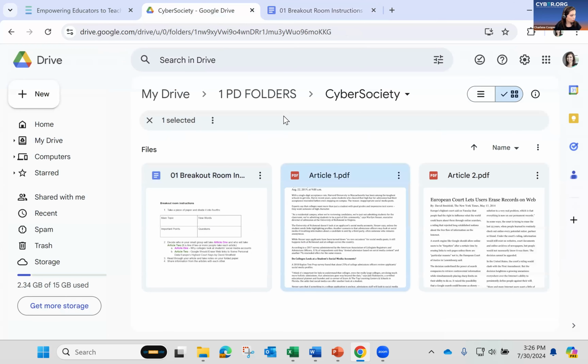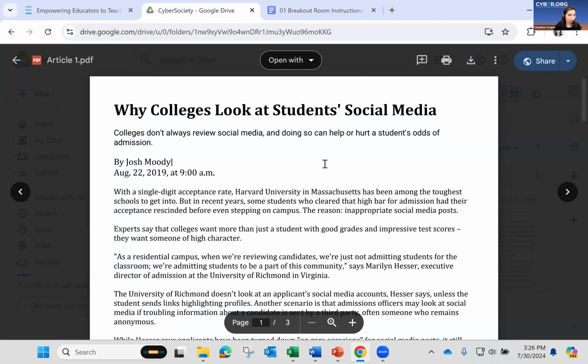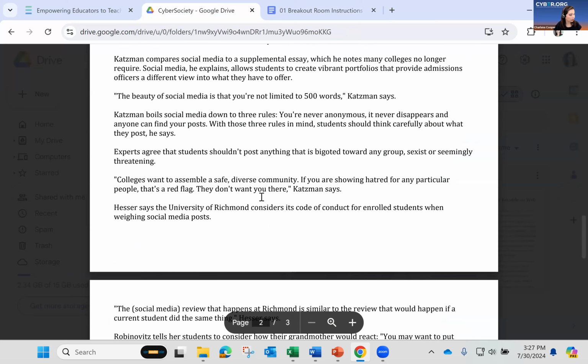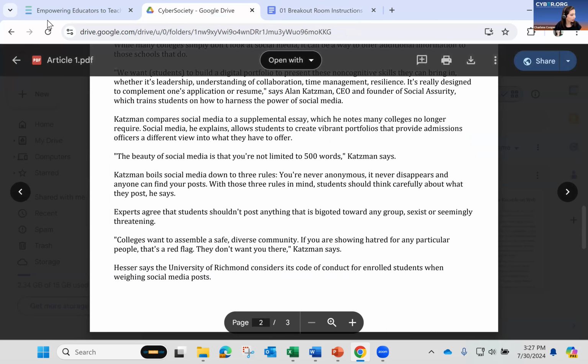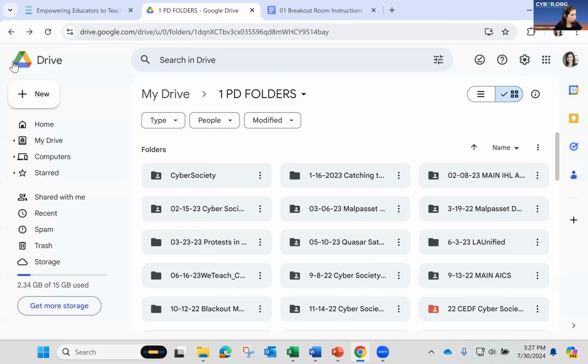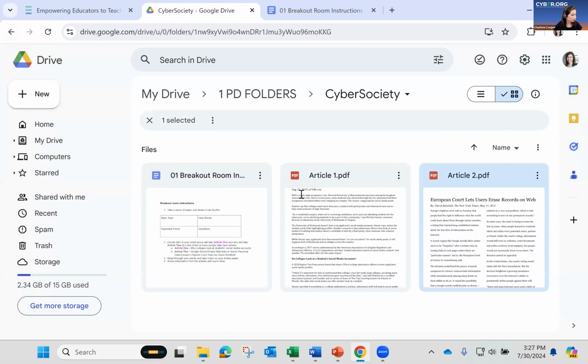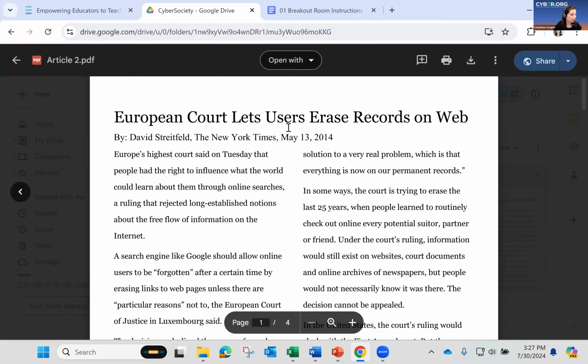And this is Article 1 here, why colleges look at student social media. If you just clicked on it the way I did, you can simply scroll down to read all of the article. And then the next article, Europe Court lets users erase records on the web.